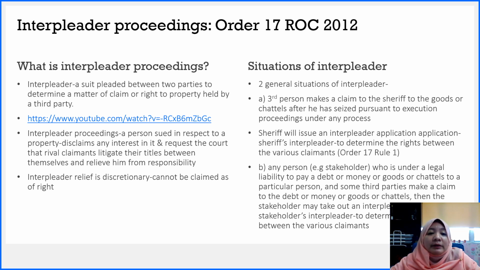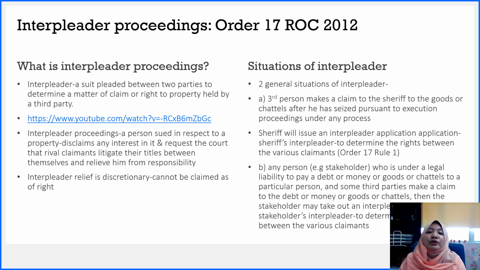Interpleader proceeding is where a person is sued in respect of a property. He personally disclaims any interest in it and requests the court that rival claimants litigate their titles between themselves and relieve him from responsibility. The interpleader relief is discretionary. It cannot be claimed as of right.